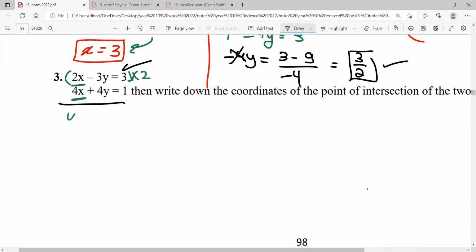So 2 times 2x 4x, 2 times negative 3 negative 6y, 2 times 3 6, واللي تحت زي ما هي كده 4x plus 4y equals to 1.